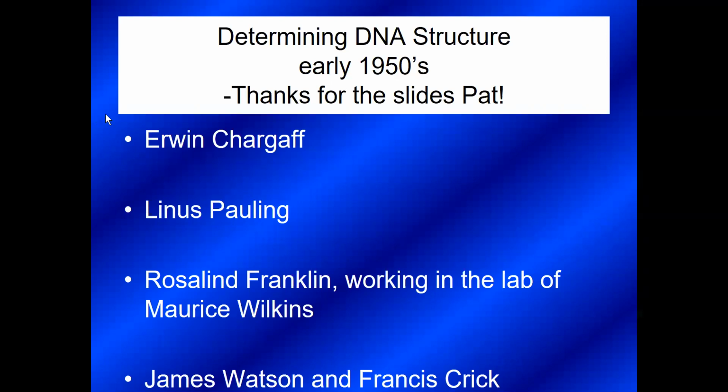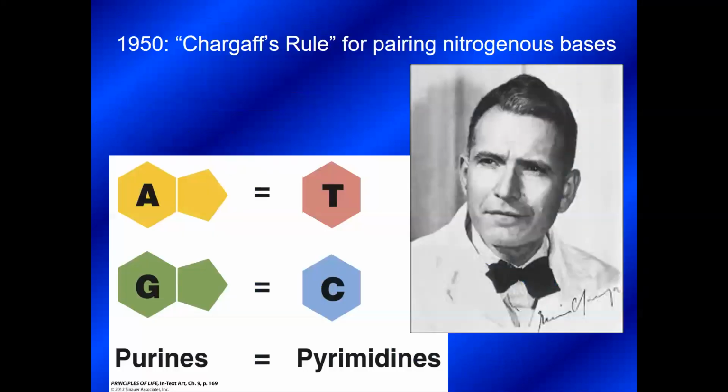So the first individual that we've heard about at length already is Erwin Chargaff. Erwin Chargaff was born in the Ukraine in 1905. After he got his doctoral degree, he spent about 5 years at Yale. And then in the early 1930s, he held a position at the University of Berlin.